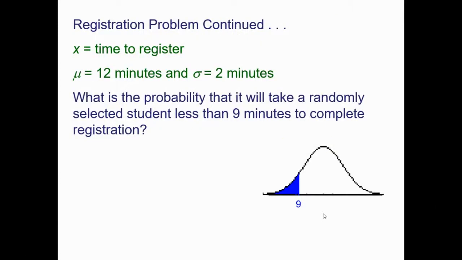What's the probability it will take a randomly selected student less than 9 minutes to complete registration?